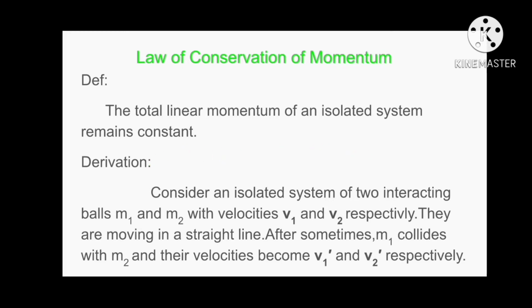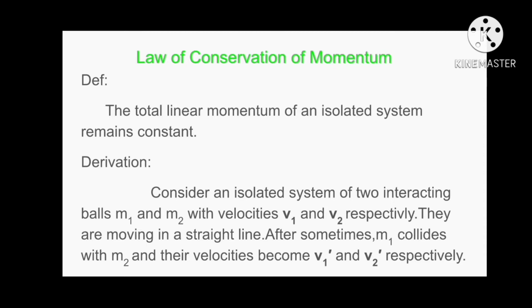Now let's discuss the law of conservation of momentum. In order to understand this topic, first of all, we shall have to understand its definition. Its definition is: the total linear momentum of an isolated system remains constant. Here we have noted a point: isolated system means a system on which no external agency exerts any force.